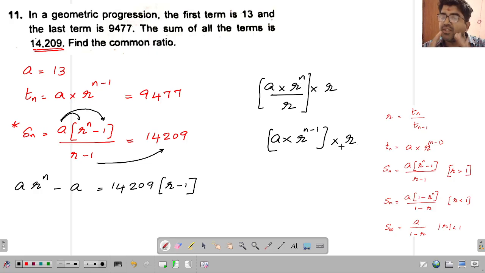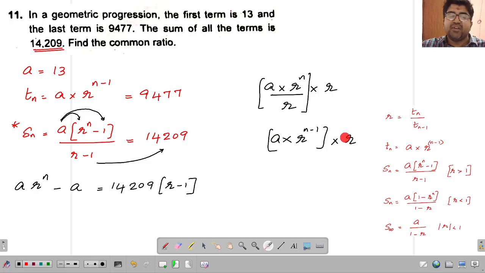Got it? Please observe closely that the divided by r, if you bring it to the numerator, it will become r to the power of minus 1. So r raised to n into r raised to minus 1 is r raised to n minus 1, you can write it like this. So multiplying and dividing it with this r, this expression can be written as a into r raised to n minus 1 times r.